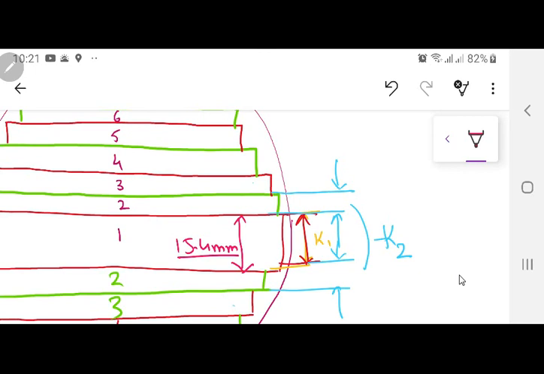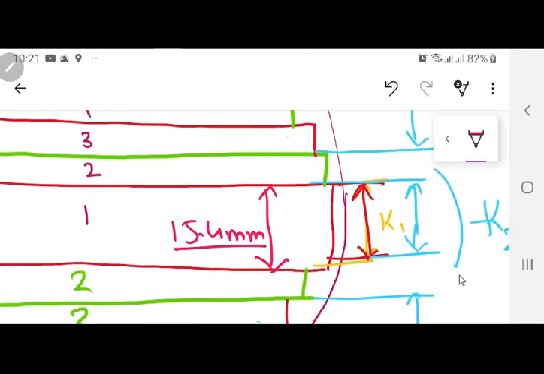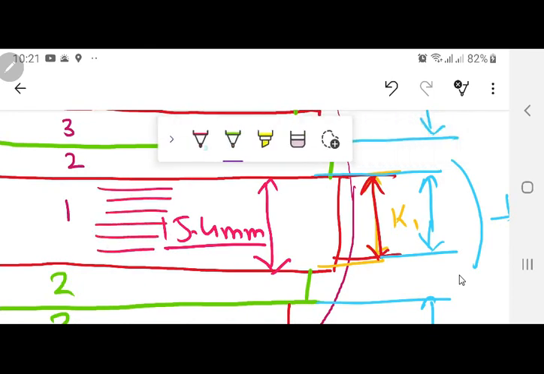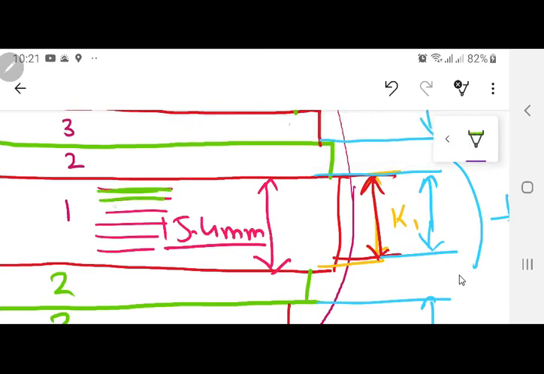This is including the lamination plus the insulation between it. So just for example, if you are going to have laminations like these over here, in between these laminations you are certainly going to have the insulation also added. So when you divide 15.4, you have to divide it by the thickness of one lamination plus the insulation on one side. It will cater already for the other side.